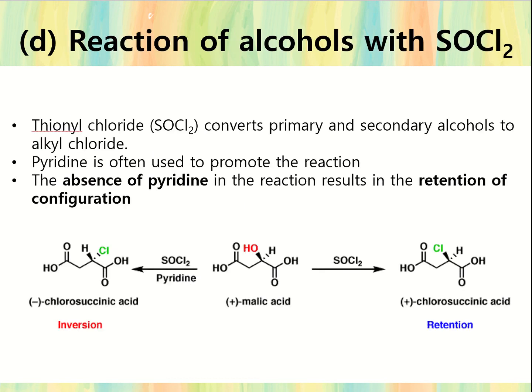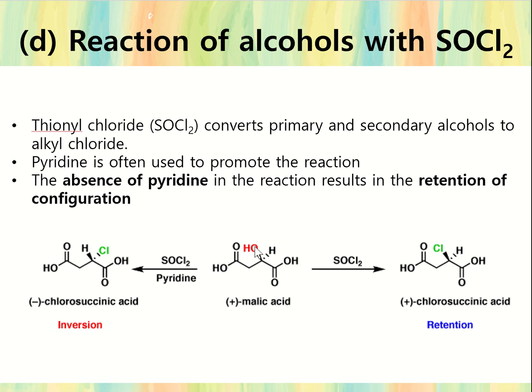And then finally, our reaction of alcohols with thionyl chloride converts primary and secondary alcohols to alkyl chloride. Pyridine is often used to promote the reaction. The absence of pyridine in the reaction results in the retention of configuration.